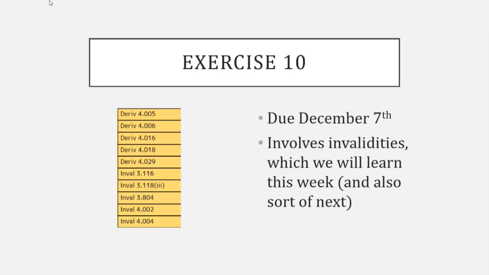So if you get stuck on one of these, as of Wednesday, you'll technically have the skills to do them, but it takes a little bit of creativity and insight to solve them, unless you learn the thing that we'll learn on Monday, which is expansions, and that reduces the creativity and insight required. It's a somewhat more straightforward method. So give them a shot after Wednesday. If that doesn't work for you, just wait until Monday when we'll learn the final skill of the course, expansions, which will make these easier to solve.